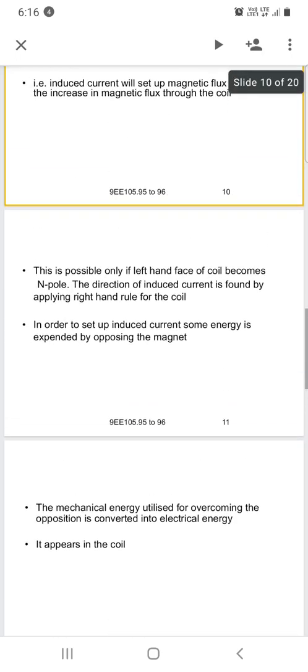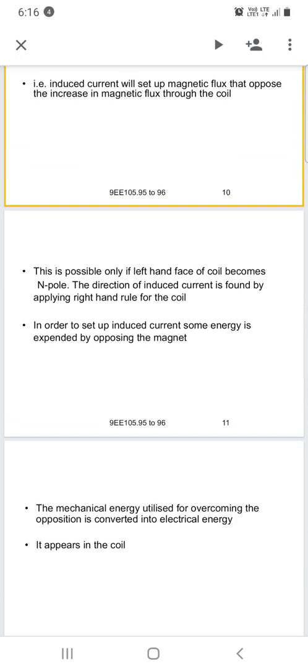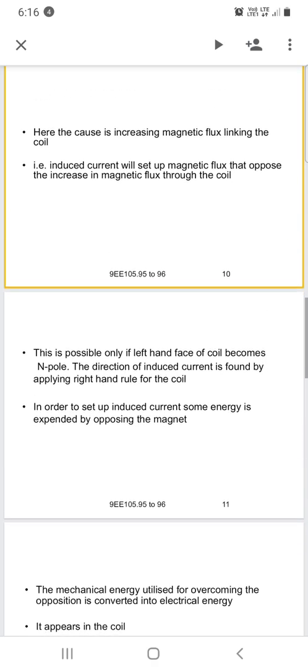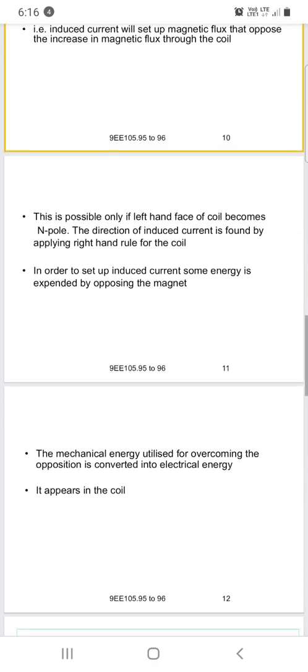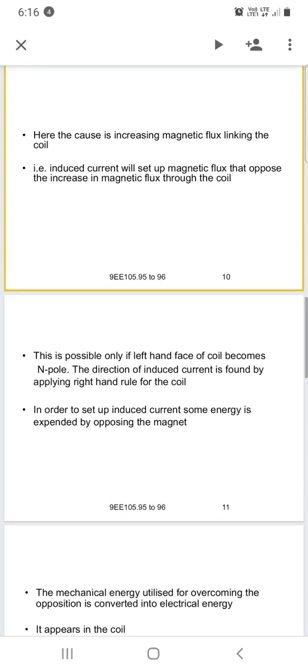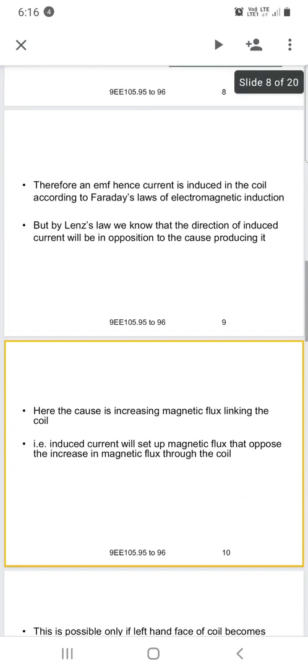That is, the direction of field, the direction of motion, the direction of electric current can be found by using Fleming's left hand rule.